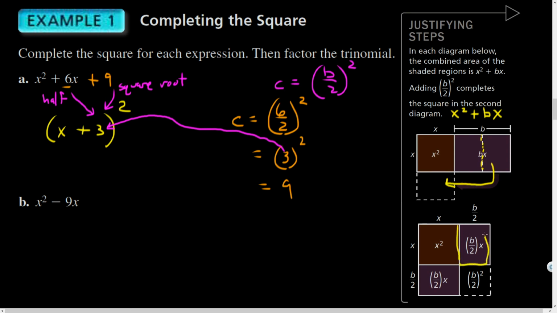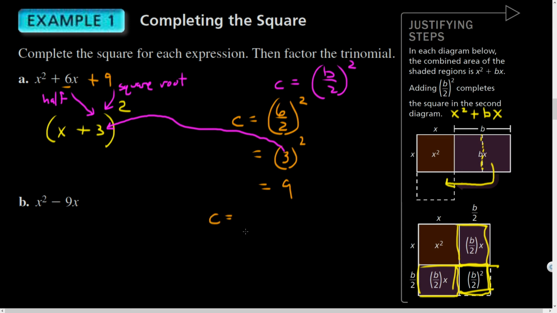Now these are the 2 halves of whatever b was. And then the complete the square part would be that number, b over 2 squared, and that would give you the remaining piece. That's a nice visual explanation of how this works. The unfortunate thing is if b is odd, you're going to get fractions. But fractions are real. That's perfectly fine.